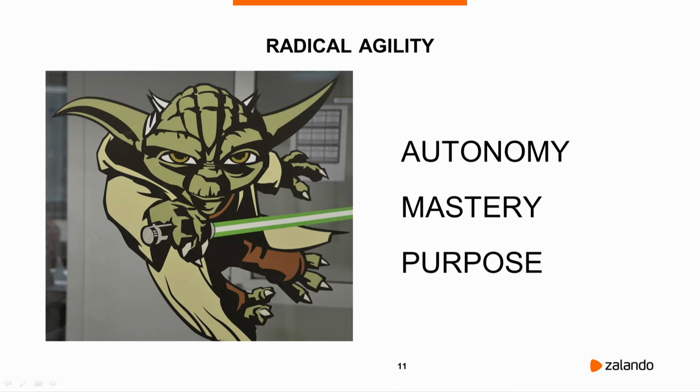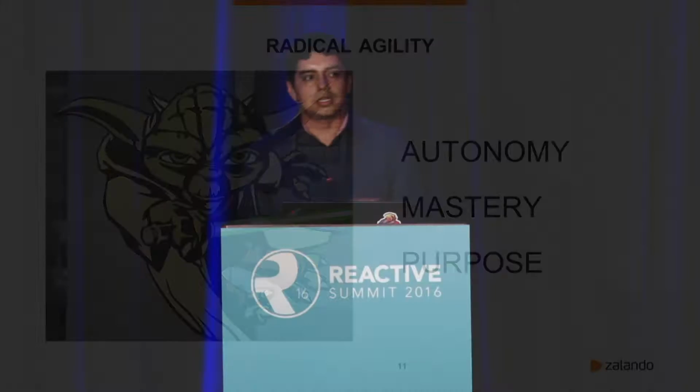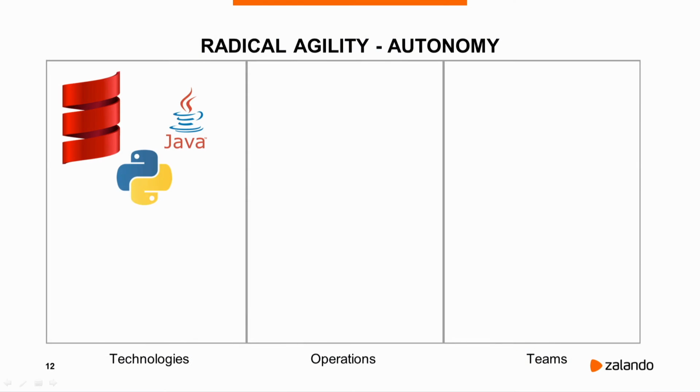I would like just to explain a bit the concept of autonomy inside technology in our own implementation. As you might remember, in yesterday's first keynote, we discussed a lot about autonomy. So I would like to show you how we do autonomy inside Zalando. Basically, now autonomy means that we can choose any technology we want inside the autonomous teams.